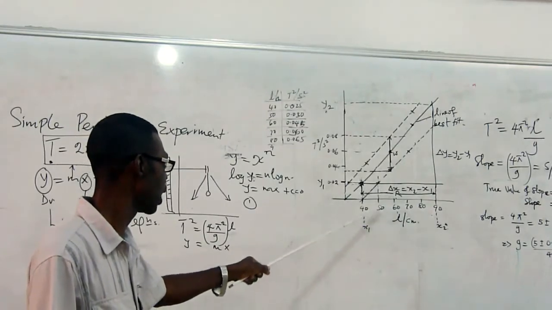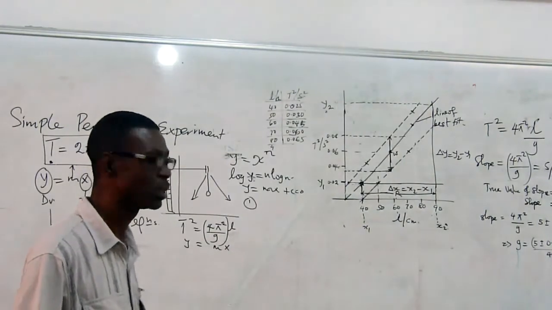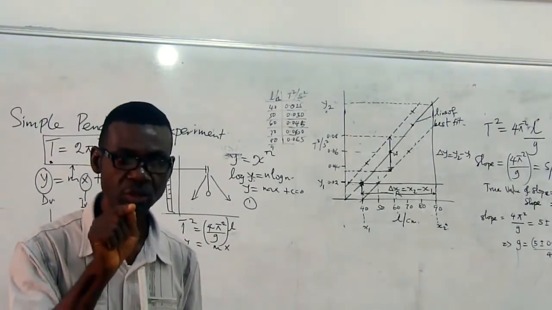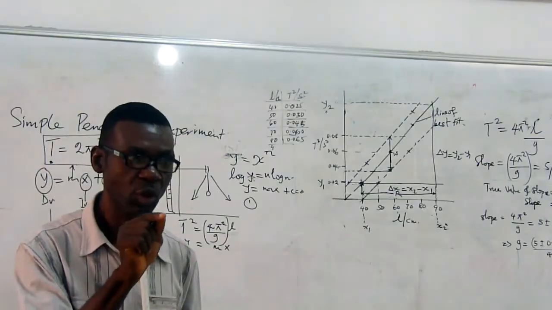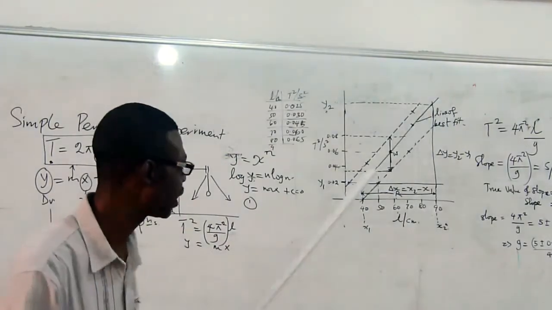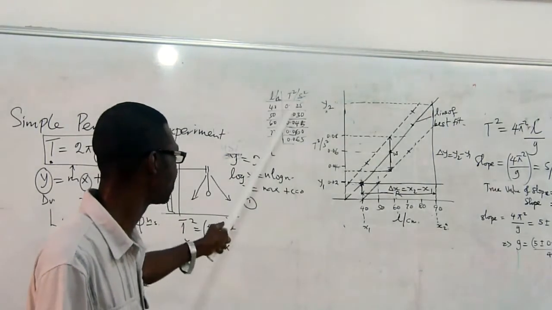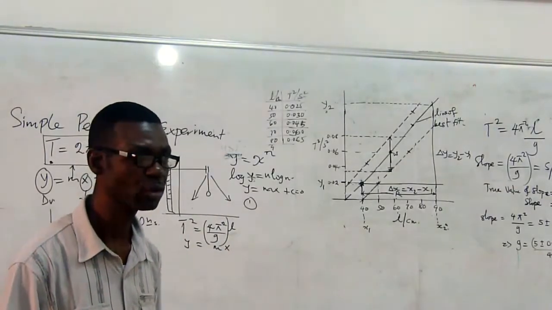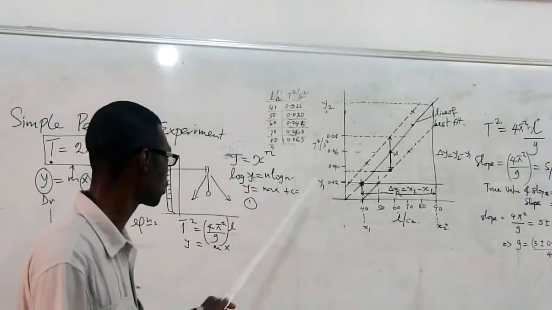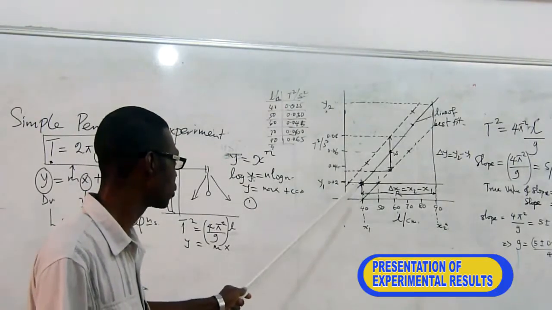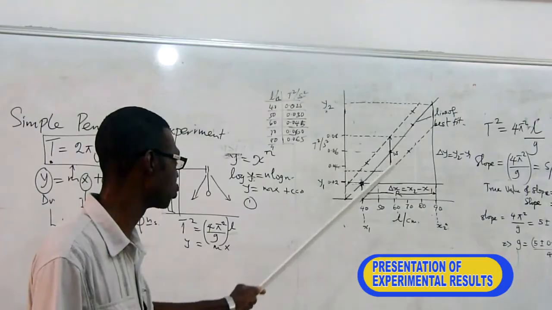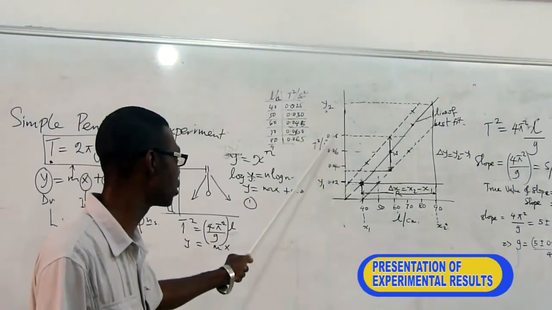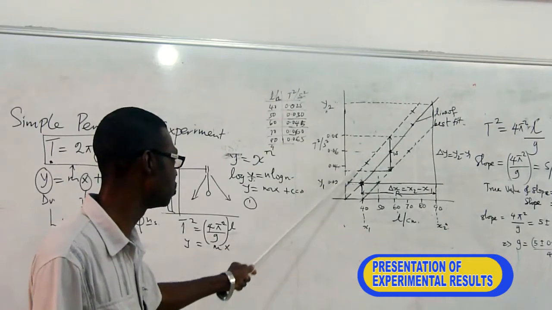Because this one is 50, I just... no. In plotting your graph, you have to trace the true values. Your scale must not necessarily be equal to exactly what you have in your table. So you have to take note of that. Your scale must be well spaced enough so that you can read in between values.